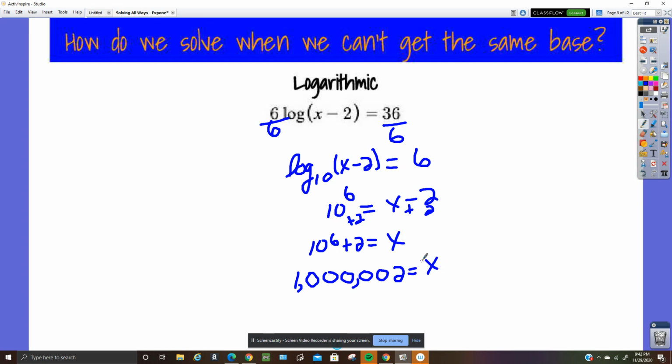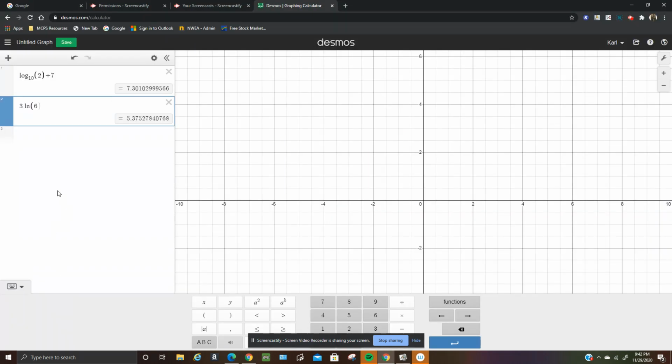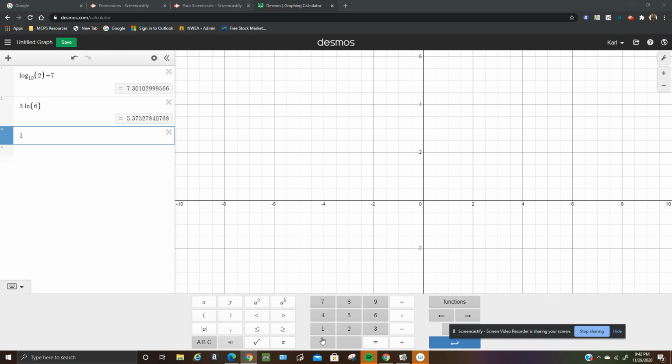Or if I use my calculator, 10 exponent 6, and then plus 2. So 1,000,002.